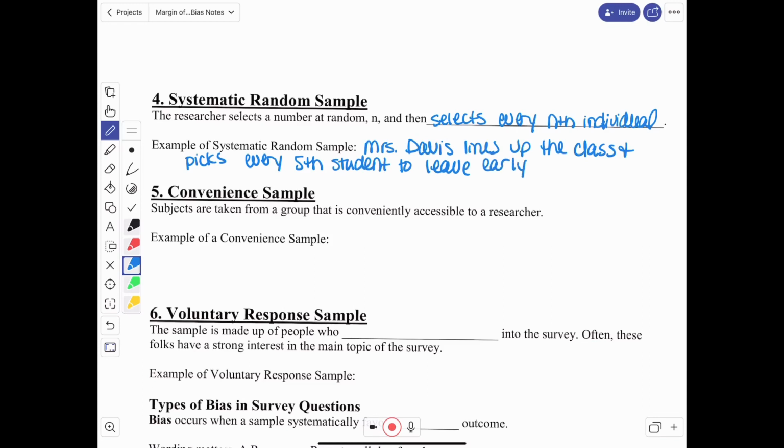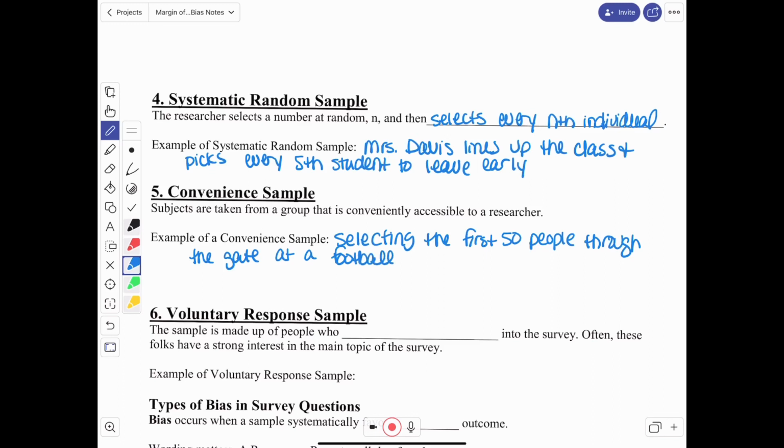Okay, a convenient sample would be when students are taken from a group that's conveniently accessible to a researcher. An example would be selecting the first 50 people through the gate at a football game to take a survey.